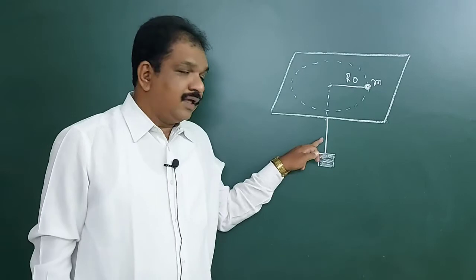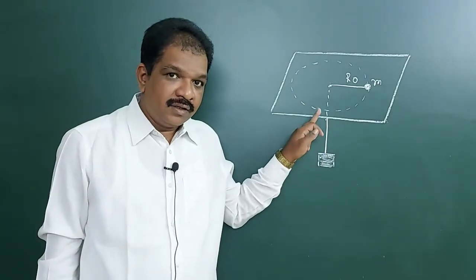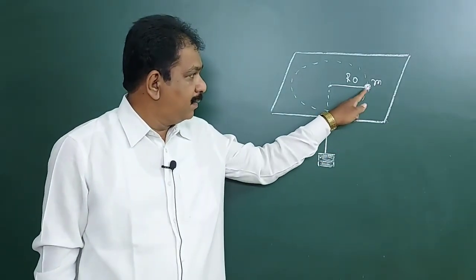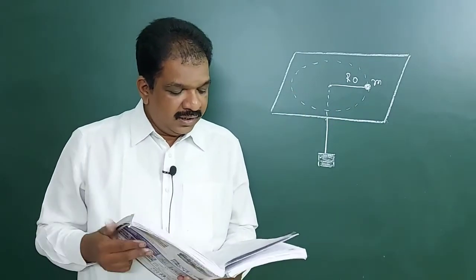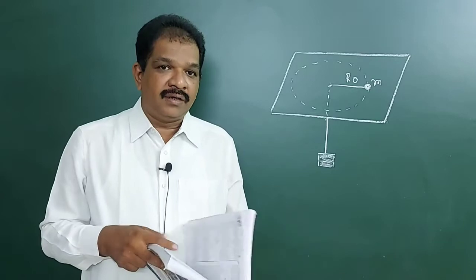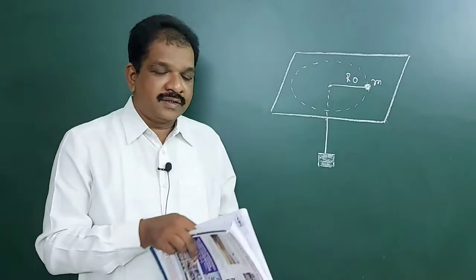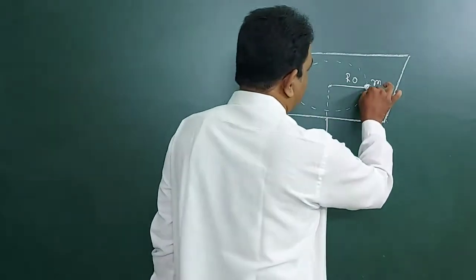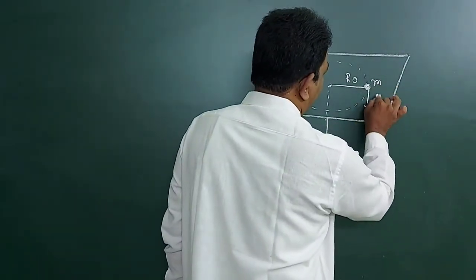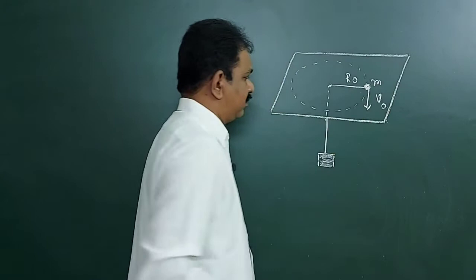The tension in this string is increased by decreasing this radius, so that the radius becomes r0 by 2. Initially the radius is r0 and it is rotating with velocity v0.